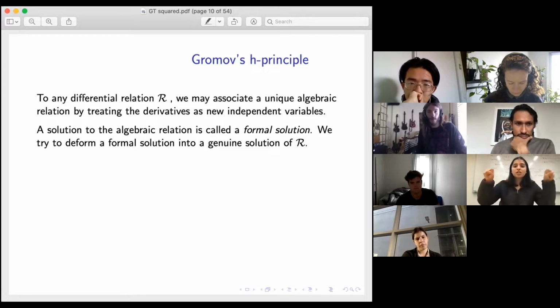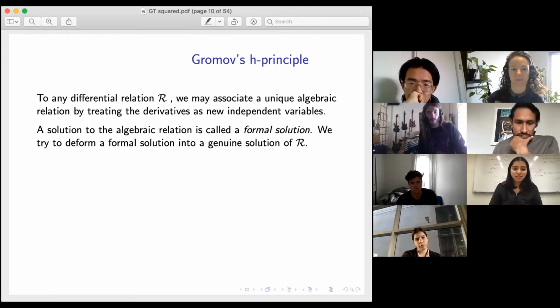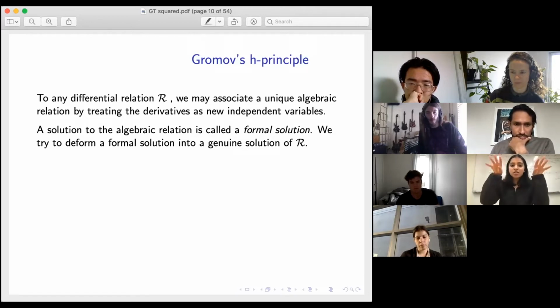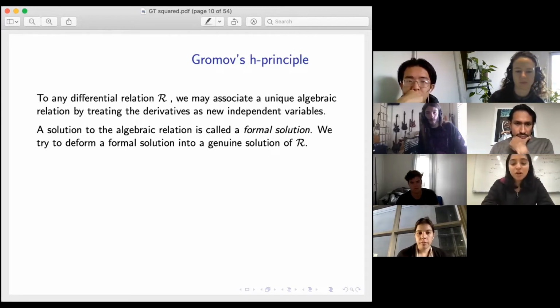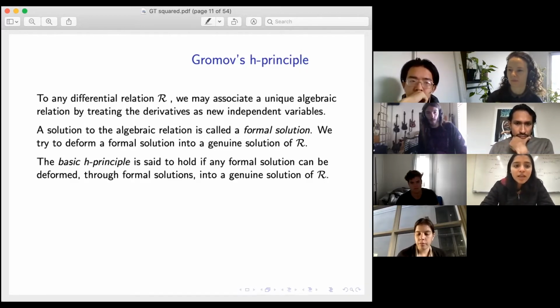Now we want to try to deform a formal solution into a genuine solution continuously, perhaps smoothly, depending on what kind of problem we're working with. We have different regularities, but we want to try to deform in a regular way a formal solution into a genuine solution of this differential relation. The basic H principle is said to hold if any formal solution can be deformed through formal solutions into a genuine solution of the differential relation.